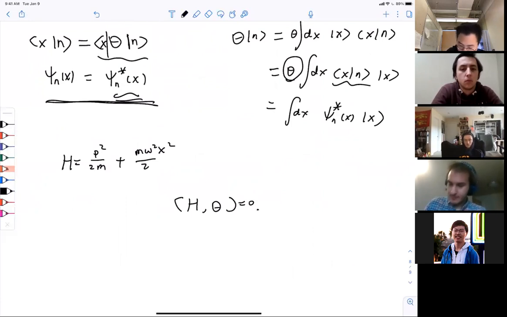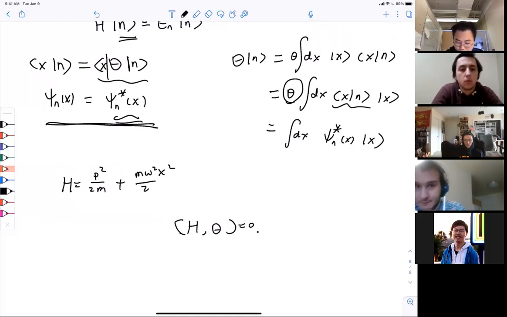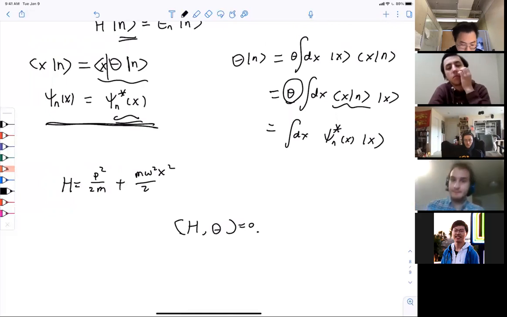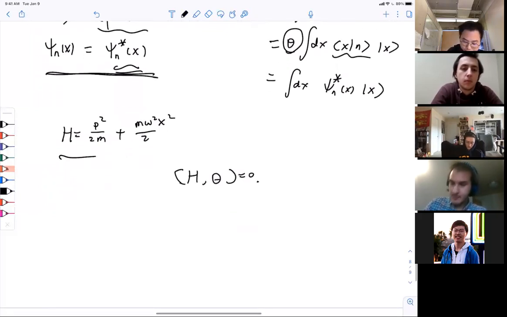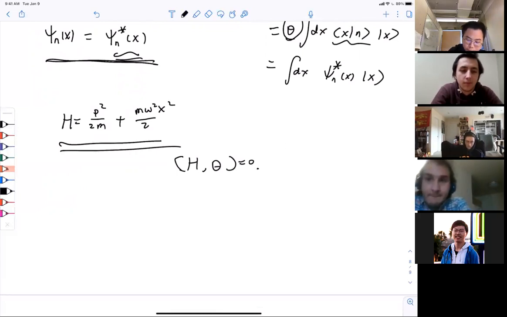By the way, usually we break the time reversal by applying some magnetic field or something related to magnetization. Here there's no magnetic field, it's just an x squared potential, and it commutes with the time reversal. If you remember, the ground state is something like this.